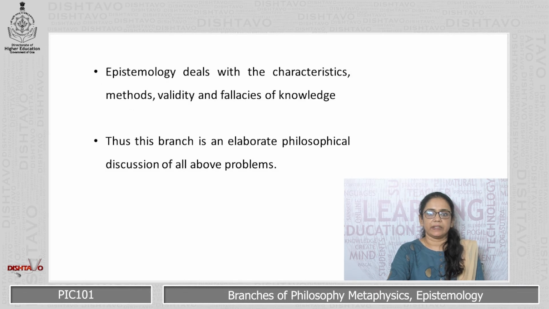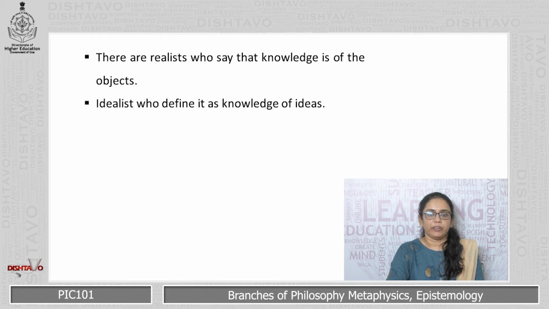Epistemology also deals with characteristics of knowledge, the methods, validity of knowledge, and fallacies of knowledge. Now, coming to the characteristics, we shall be dealing with it in the next few modules. Thus, this branch is an elaborate philosophical discussion of all these problems. Now, we find different types of answers to these questions. There are realists who say that knowledge is of the object, whereas the idealists say knowledge is of the ideas.